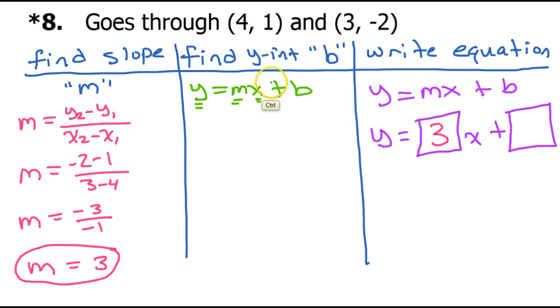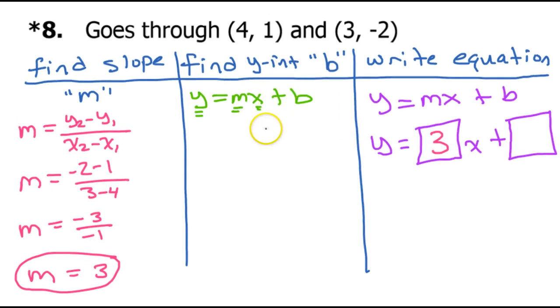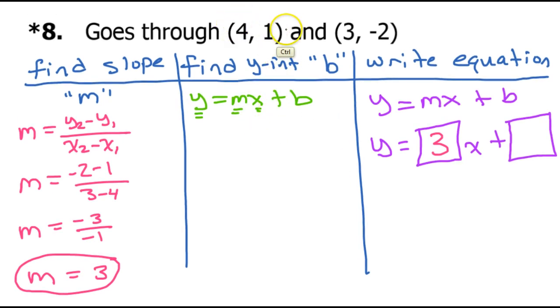We need all three of these things. Well, we have m right here, so that just leaves x and y. Well, every ordered pair is an x and a y. So I have my choice. I can either use the first point or the second point. I'm going to go ahead and pick the first point. I'll use this x and this y. All right, for right now, I'm going to ignore this point. If I had chosen the other point, I would still get the same answer.